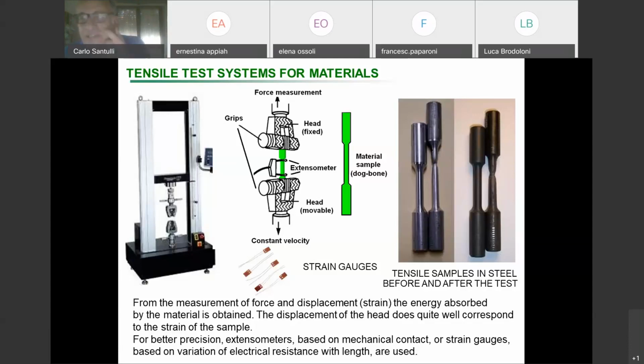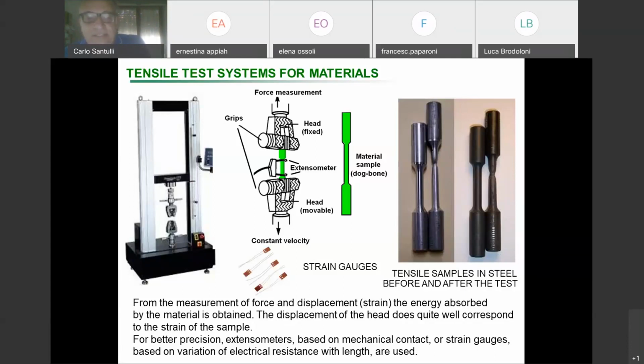All the strain gauges measure the elongation at different points of your sample, based on the resistance, on the resistivity. You may know that the electrical resistance may have a relation with the variation of length.